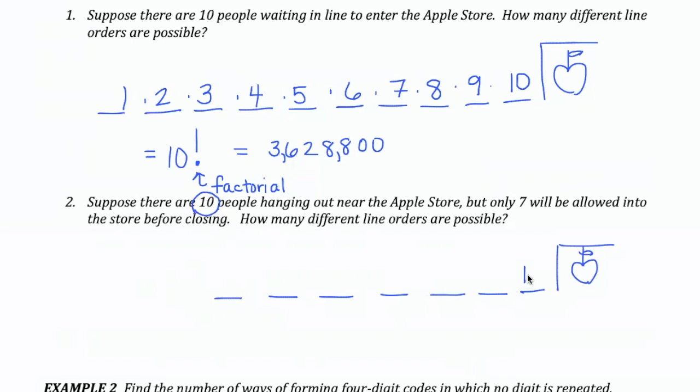So I would want to start at 10 and say there's 10 choices for the first spot. Of course, again, once somebody's standing in that position, then there are only 9 choices for who can be second, followed by 8, followed by 7, 6, 5, and 4. Now again, you could just type in all of this into your calculator.